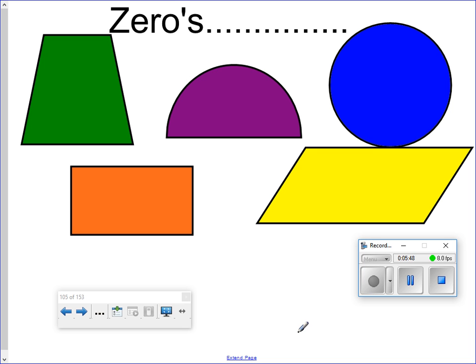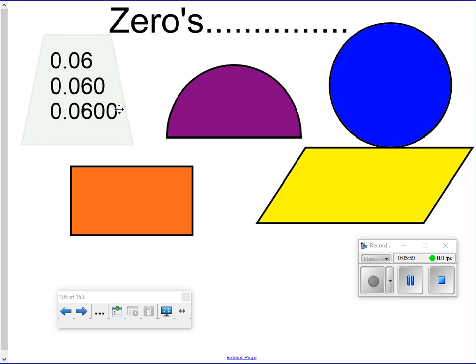Some of the trickiest parts of comparing decimals are dealing with the zeros, so let's look at some of these. Here we have a bunch of zeros and a 6. Because the 6 is in the same place, the zeros behind it don't matter, so these are all equivalent.